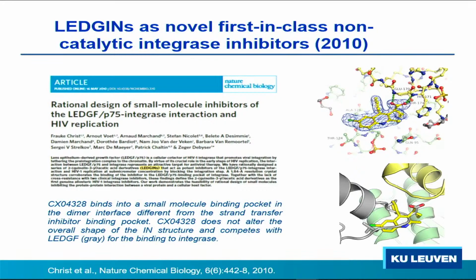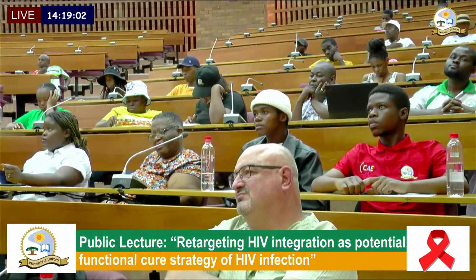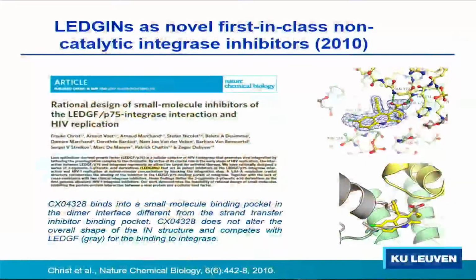So when the compound is bound, the LEDGF IBD cannot bind, and HIV cannot be tethered to the chromatin, and so you block HIV replication. We call these compounds LEDGINs because they block the interaction between LEDGF and integrase, and also because there is a bit of legend in the name, and you always have to be ambitious, so we hope they can be legendary compounds.